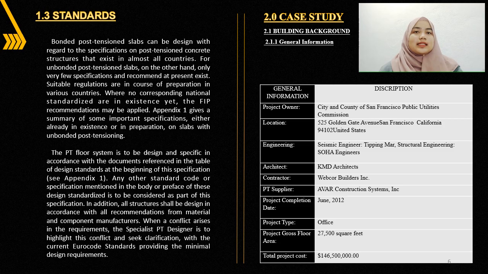Any other standard, code or specification mentioned in the body or reference of this design standard is to be considered as part of this specification. In addition, all structures should be designed in accordance with all recommendations from material and component manufacturers. When a conflict arises in the requirements, the specialist PT designer is to highlight this conflict and seek clarification, with the current Eurocode standard providing the minimal design requirements.